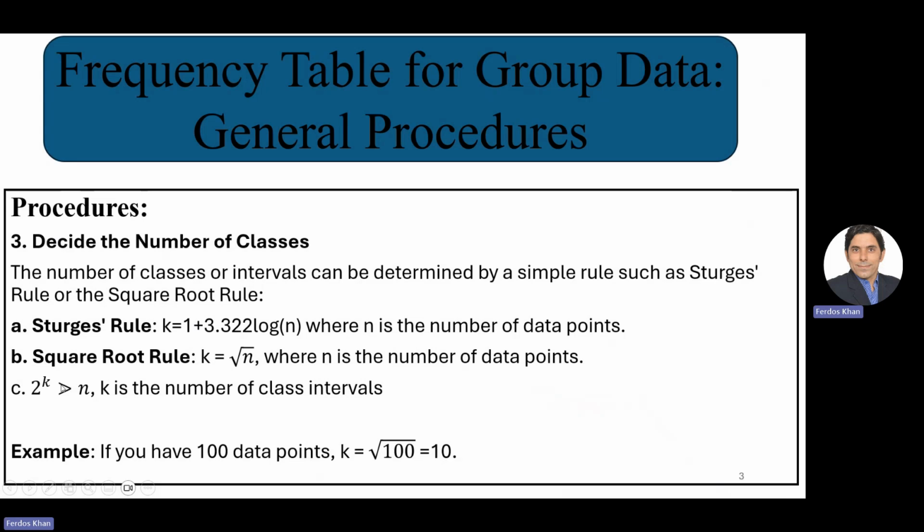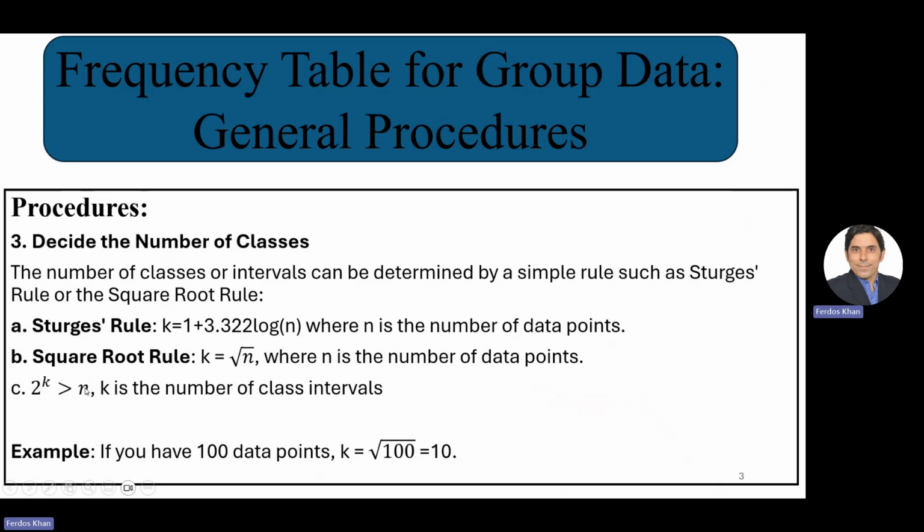The third rule is 2 power k greater than n, where k is the number of class intervals. You just need to put values of k, such as 1, 2, 3, 4, 5, 6, in 2 power k, and this will give you a number. Suppose 2 power 2 is 4, and 2 power 5 is 32, with k equal to 5.